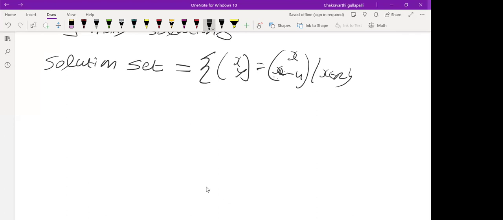Here we can solve because there are only two equations and two unknowns. Suppose you are given 100 equations with 20 unknowns, how many solutions will it have? We want to find out whether there is any solution or not, first of all. Those things we are going to study now using the rank concept.